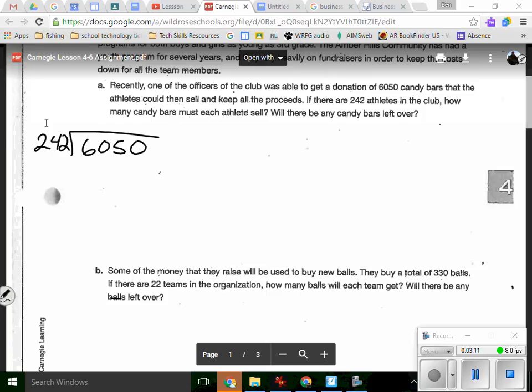And if we said 250 times 3, we'd be at what? What's 25 times 3? 75, add a 0. 750, so we're way over. So by using estimation, we're going to say that this has got to be 2.